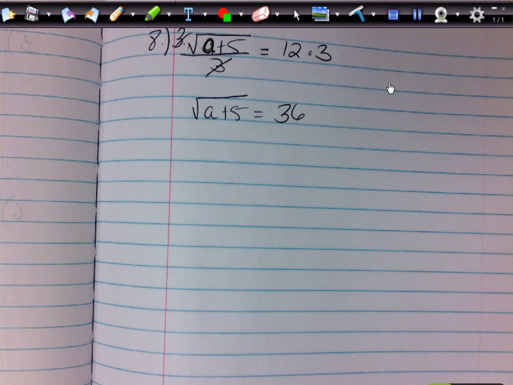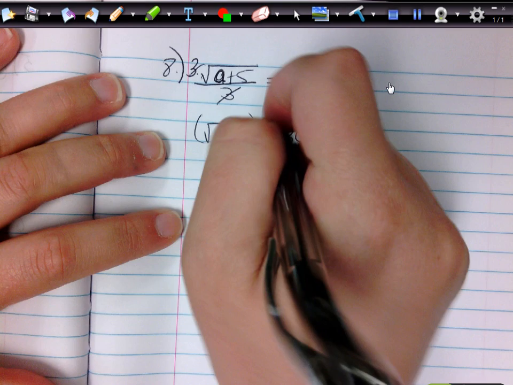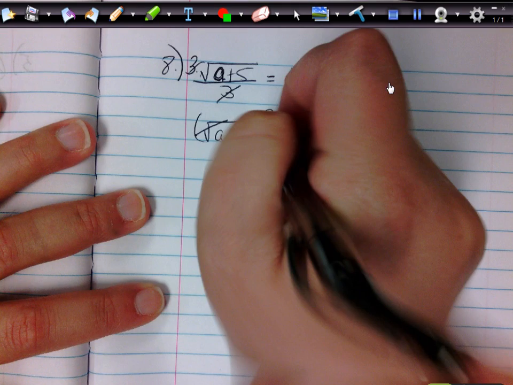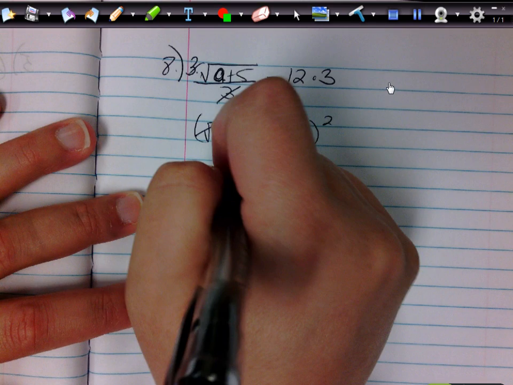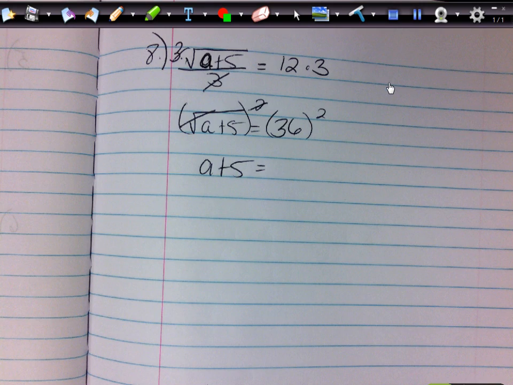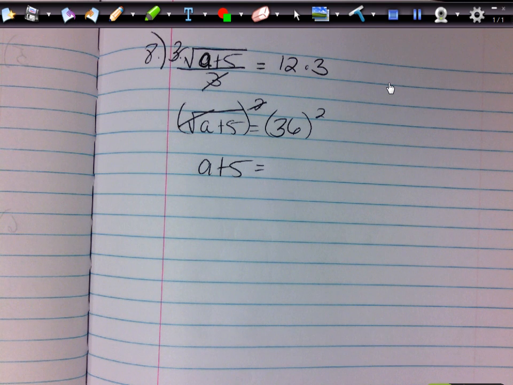Then I have the radical by itself, so I can go ahead and square both sides to get rid of it. Now be careful, the square and the square root cancel, so I'm left with a plus 5 equals. Now be careful, a lot of times we see this and then we say, oh, the square root of 36 is 6. And we go ahead and keep trying to work it. However, I'm not taking the square root of 36, I'm squaring 36.